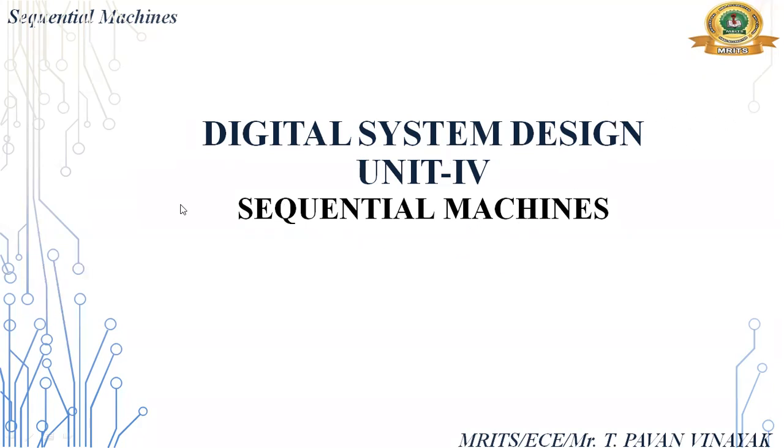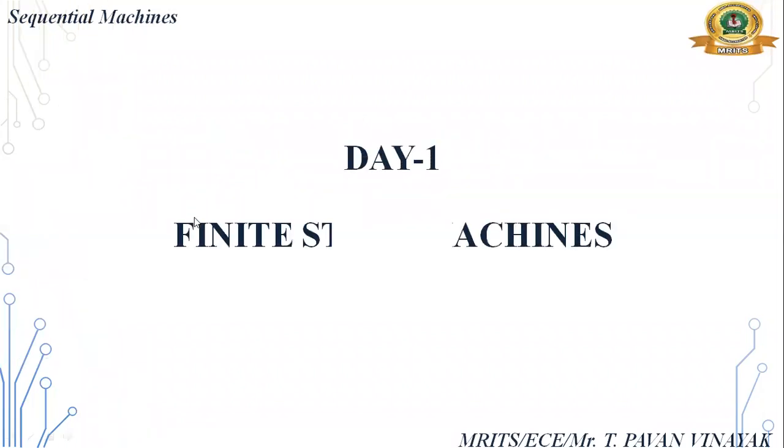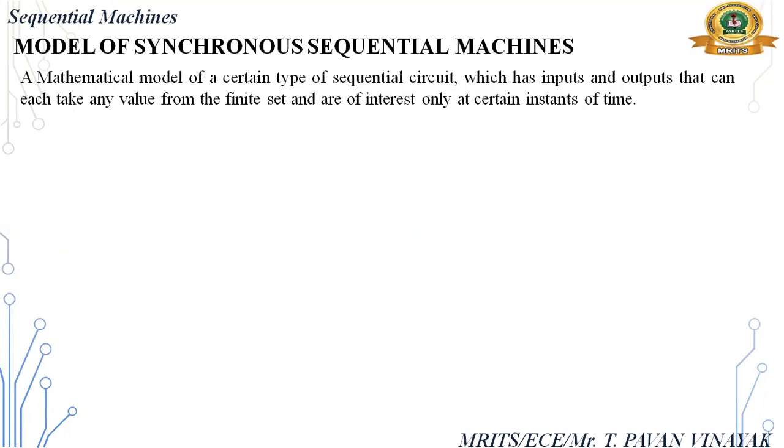So let us see about the synchronous sequential machine. A synchronous sequential machine is a mathematical model of a certain type of sequential circuit, which has inputs and outputs and can take any value from a finite set of states.